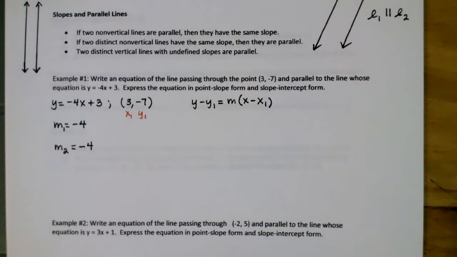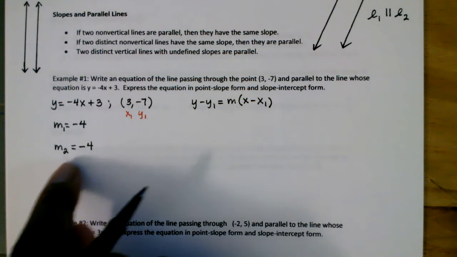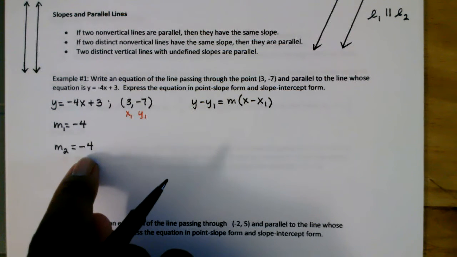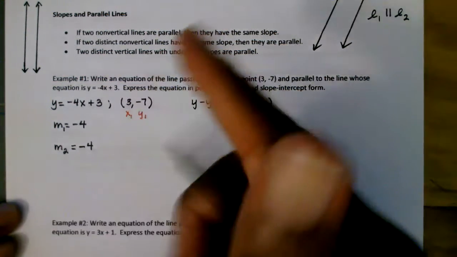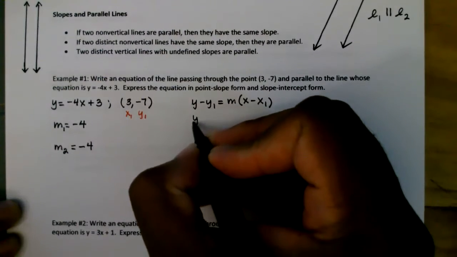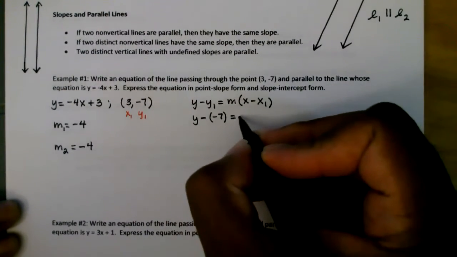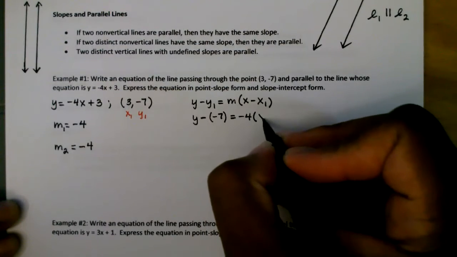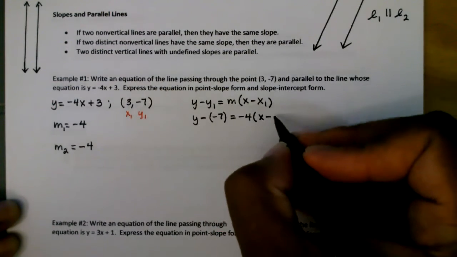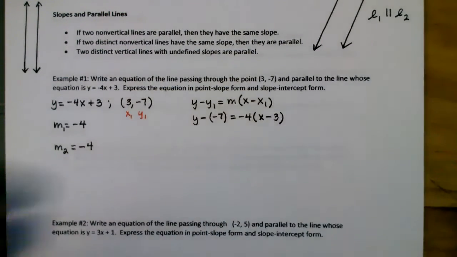Then we substitute m, x1 and y1 in this equation, using m2, which is -4, the slope of the second line. So we have y minus y1, which is -7, equals m, the slope, which is -4, times x minus x1, which is 3.